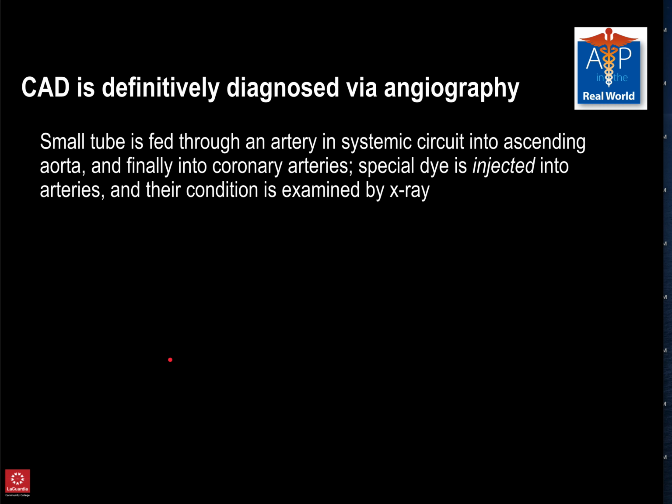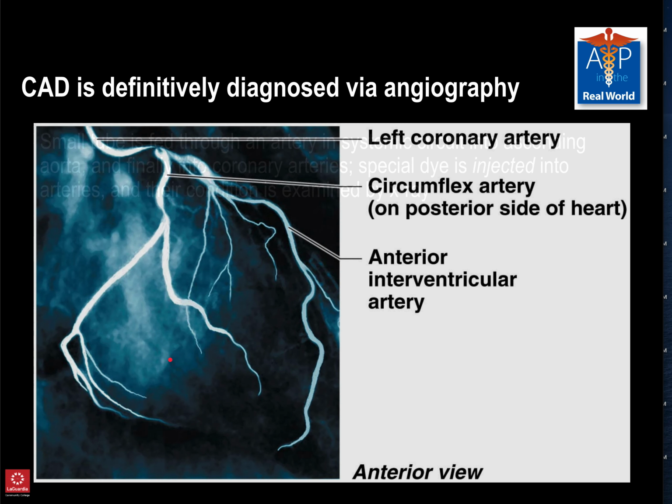So CAD is definitively diagnosed via angiography. A small tube is fed through an artery in the systemic circuit into the ascending aorta and finally into the coronary arteries. A simple dye is injected into the arteries and the condition is examined by X-ray. So here you can see the probe right here where my pointer is pointing.